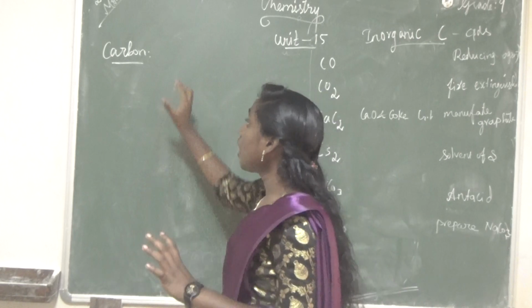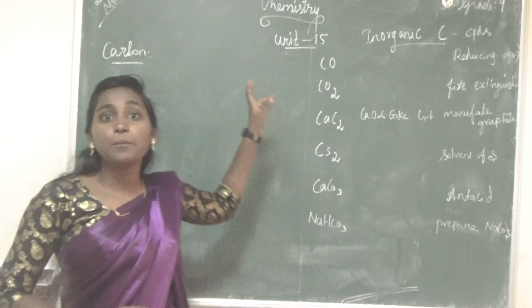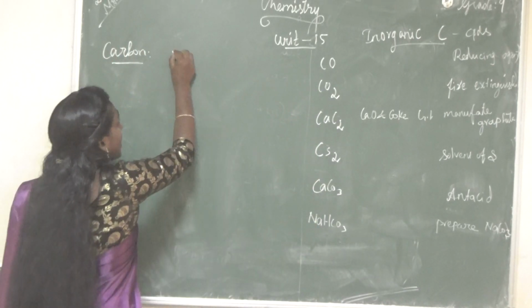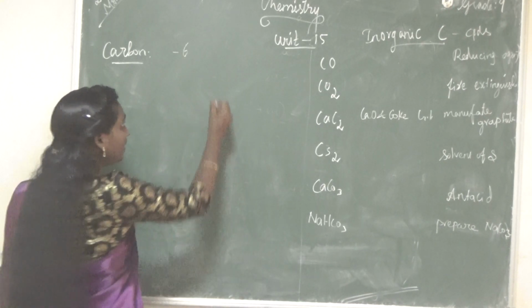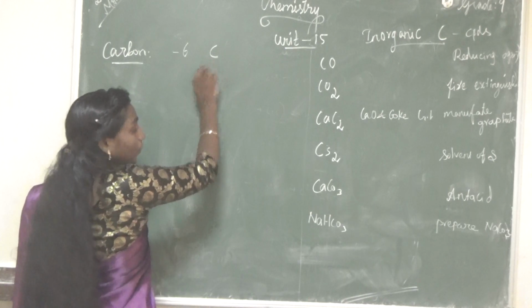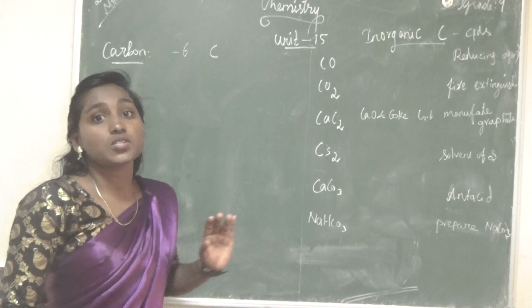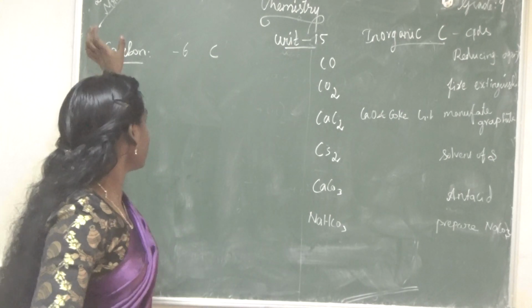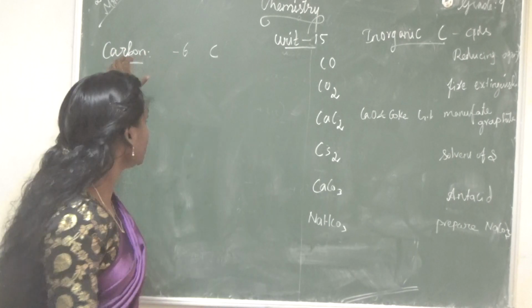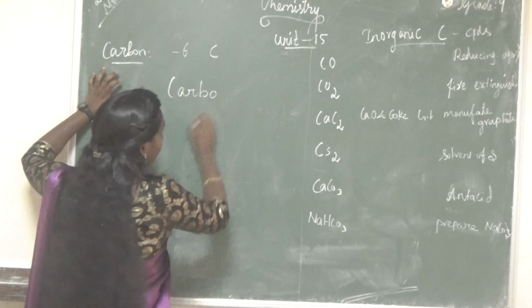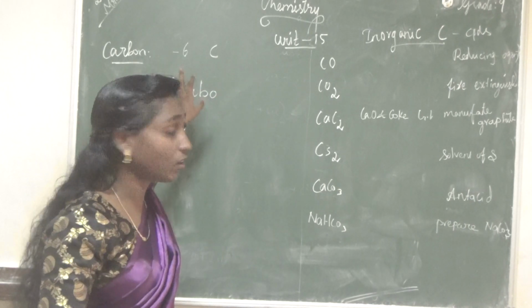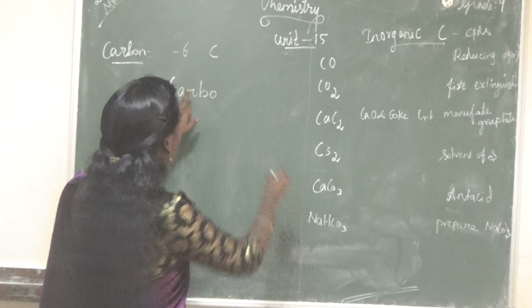Okay, so carbon, you know, the atomic number of carbon is 6 and the symbol of carbon is C. The word carbon is derived from the Latin word carbo, which means coal.